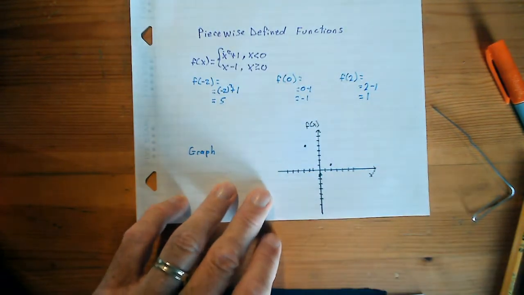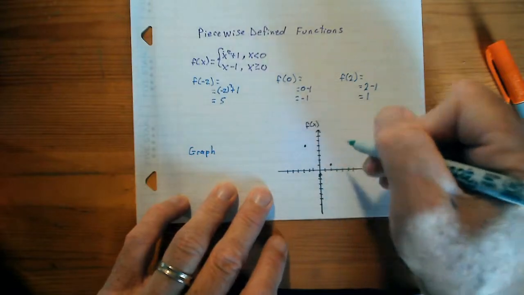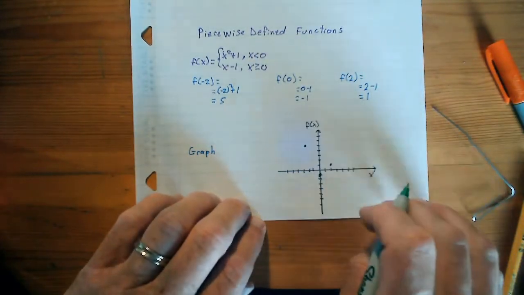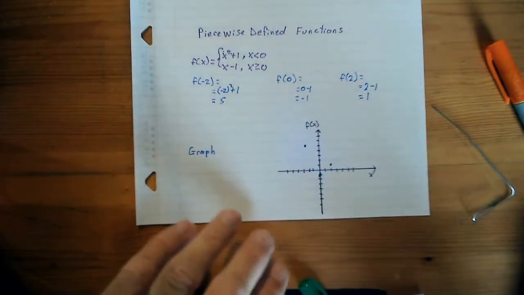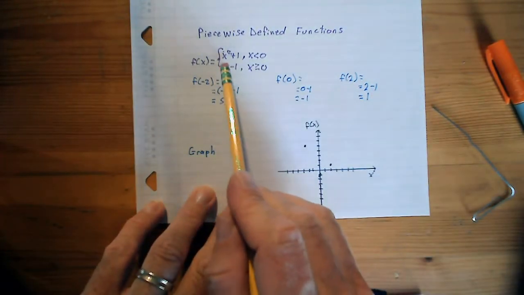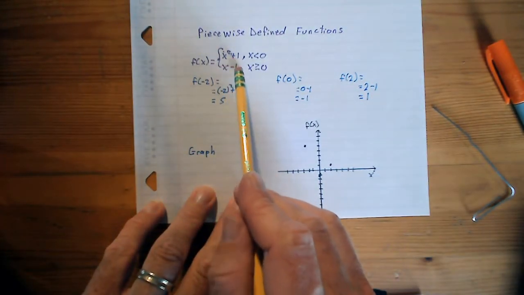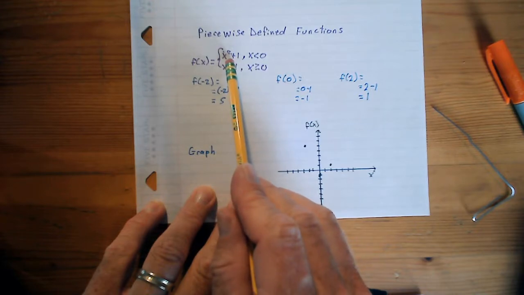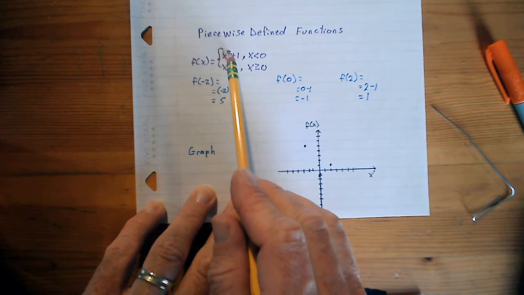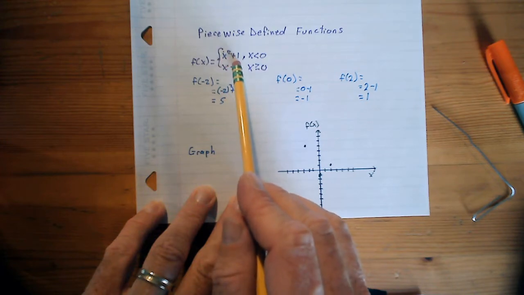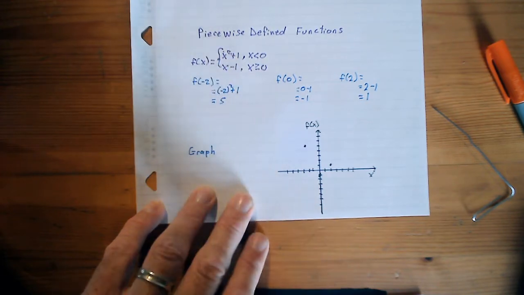All right. But I don't just connect those points. There's lots and lots of points I can do. Here's how it works. If I've got 2 pieces, I'm going to graph both pieces. X squared plus 1 is a parabola because it's squared and it's shifted up 1 unit.